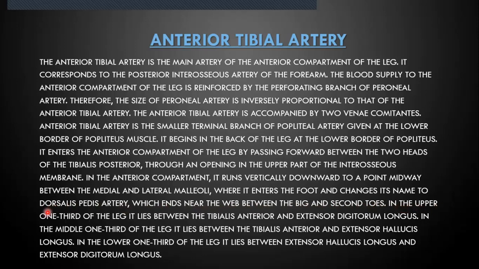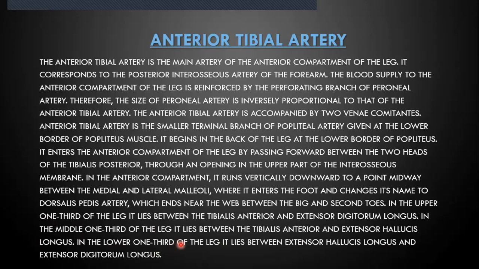In the upper 1/3 of the leg, it usually lies between tibialis anterior and extensor digitorum longus. Then in the middle 1/3, it will lie between tibialis anterior and extensor hallucis longus. Then in the lower 1/3 of the leg, it will lie between extensor hallucis longus and extensor digitorum longus.